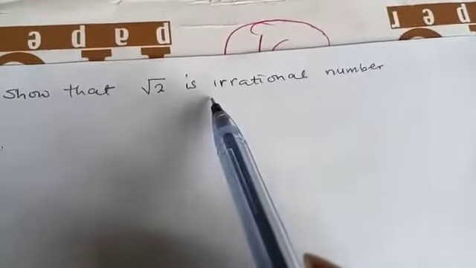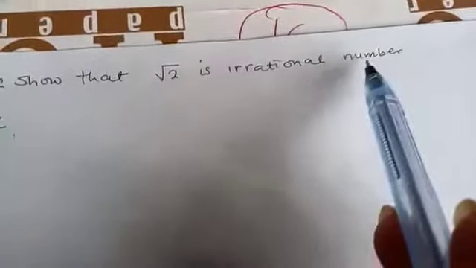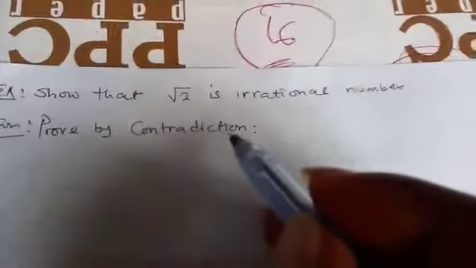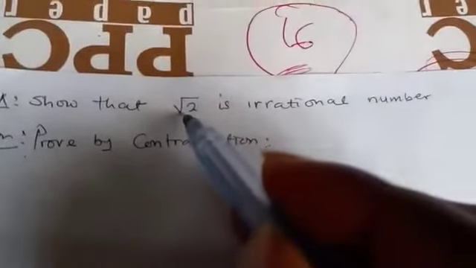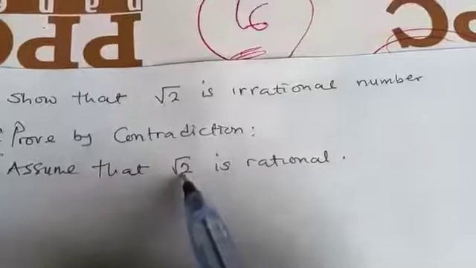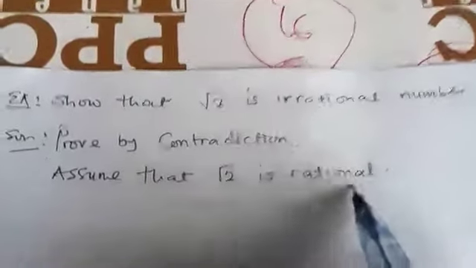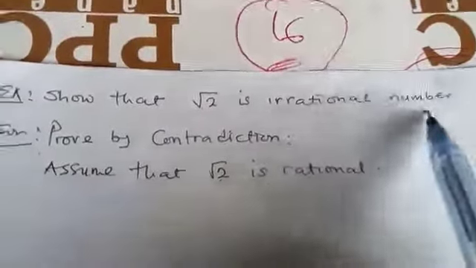Okay, let's consider an example. The example is this: show that square root of 2 is an irrational number. In this case, we prove by contradiction. If you prove by contradiction, that simply means that we are going to assume that square root of 2 is rational. The question is, prove that it is irrational.